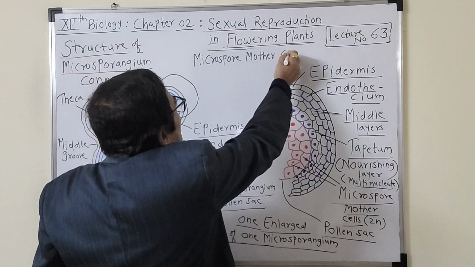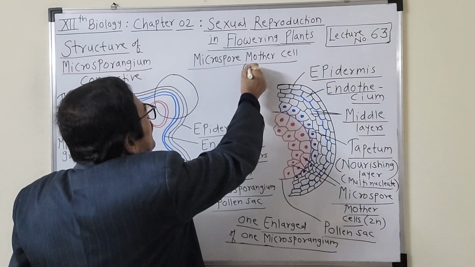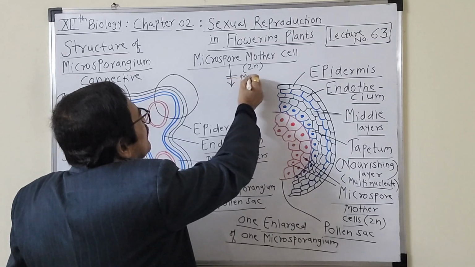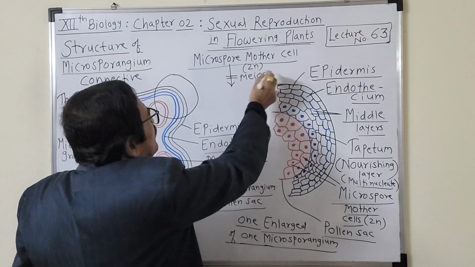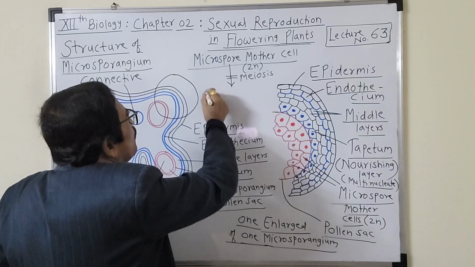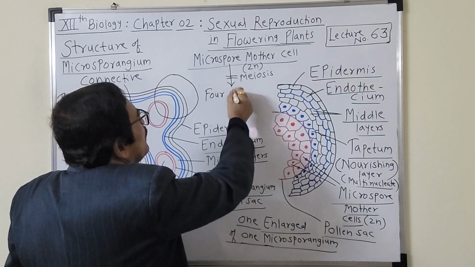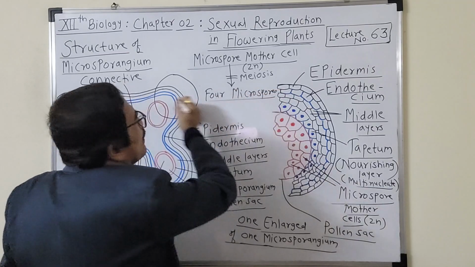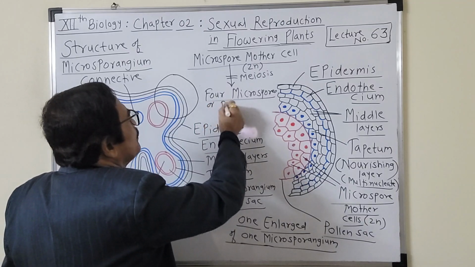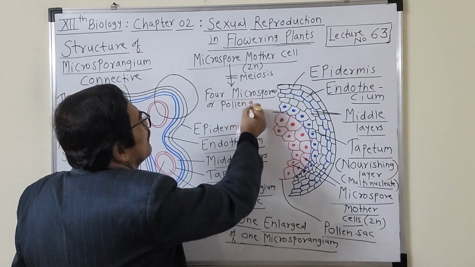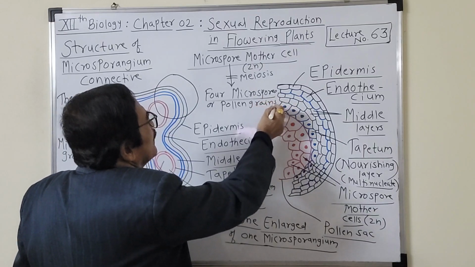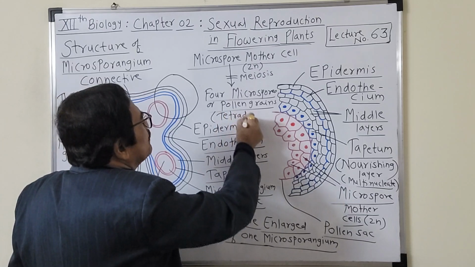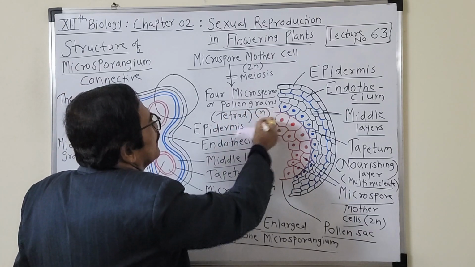You know that meiosis is a reduction division, and it produces 4 haploid cells known as microspores, or they are also called pollen grains. Each is haploid, and this is called a tetrad of pollen grains. Each pollen grain is haploid.